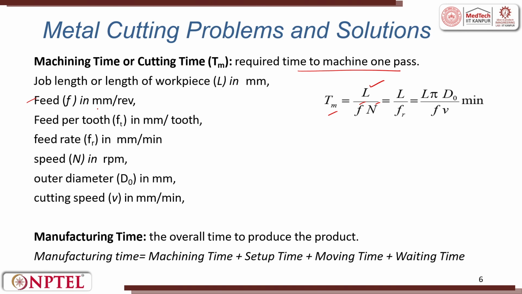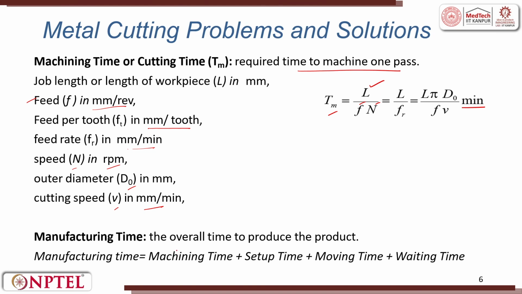F feed is in millimeter per revolution, feed per tooth, that is FT, is in millimeter per tooth, FR is in millimeter per minute, and rotation N is in RPM. With outer diameter D naught and cutting speed V, in millimeter per minute, this could also be put as L by FR, that is L into pi into D naught by F into V. This is time in minutes.